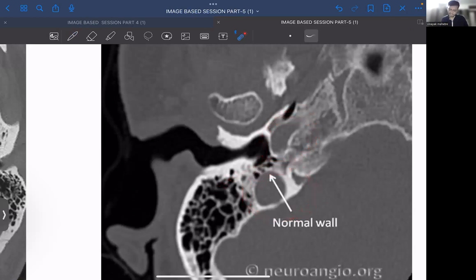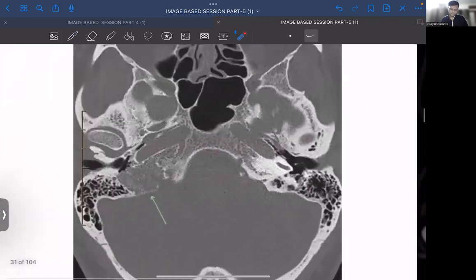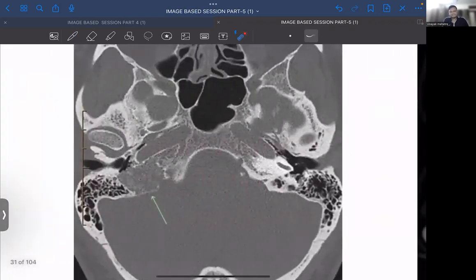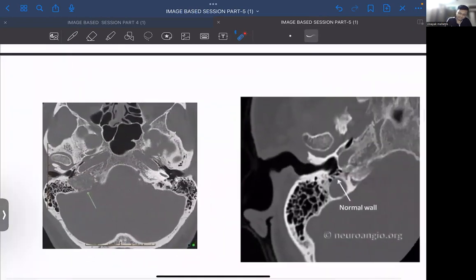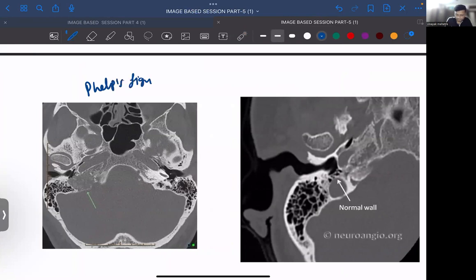But 12th sign, there is no clear wall between both. So this is your 12th sign, and this has been asked. Inability to distinguish between internal carotid artery and jugular bulb, इसी को हम बोलते हैं 12th sign.